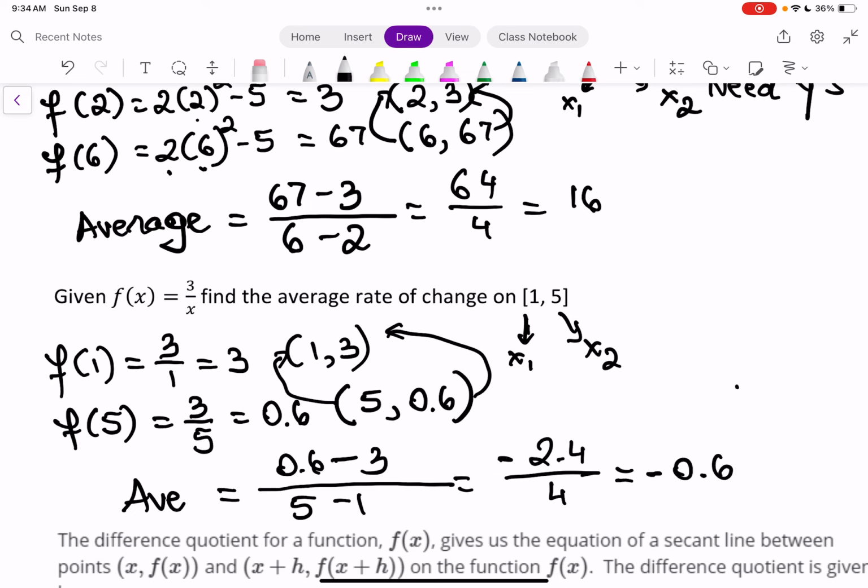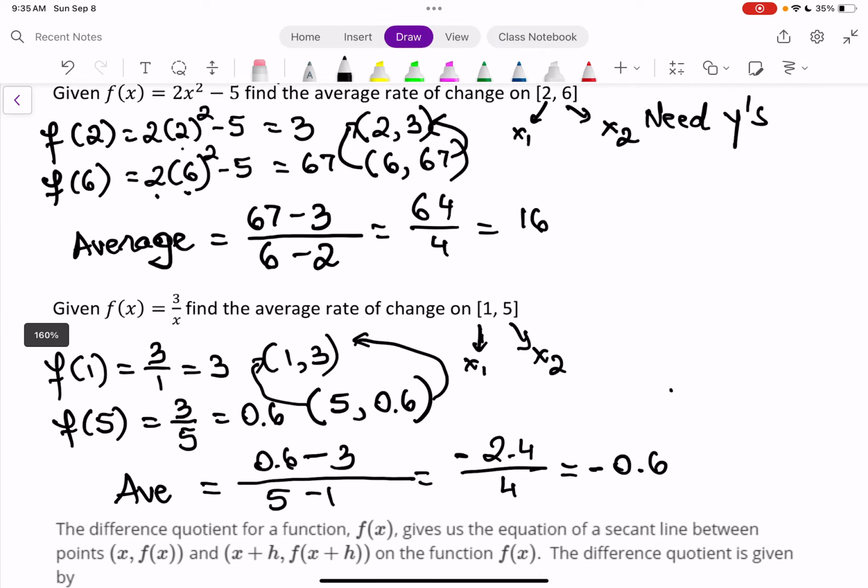So in other words, the graph of this function is going to go down by 0.6 of a box for every one box we go to the right. Okay, so this graph is actually decreasing, right? Its average rate of change is negative, so that simply means it's dropping in y values, right? So it's going down.